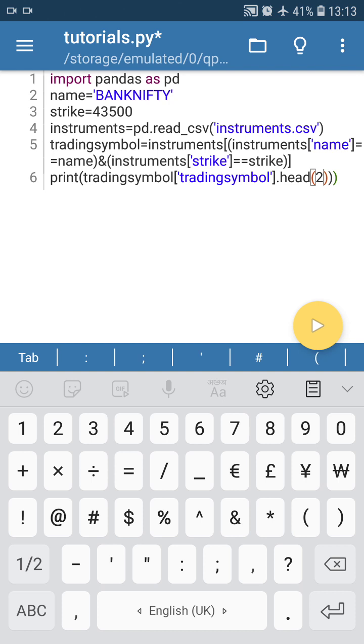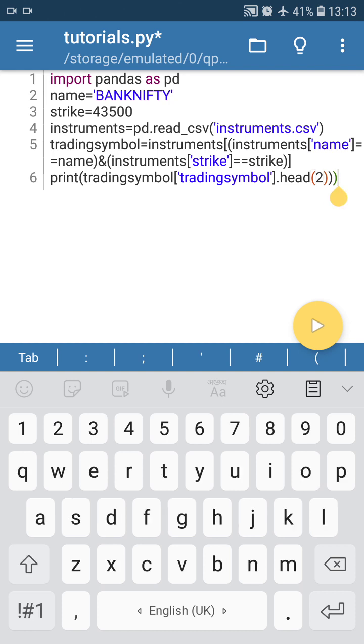So I think I'm calling this. If I'm not mistaken, I should get the values.